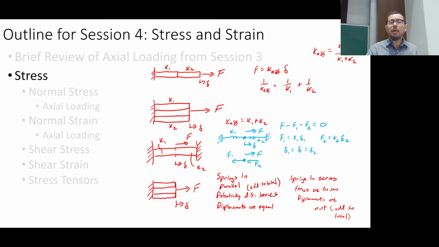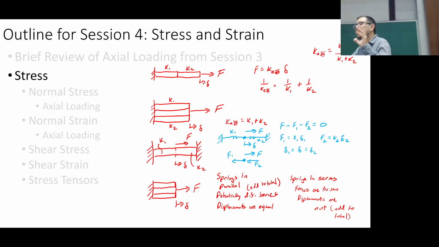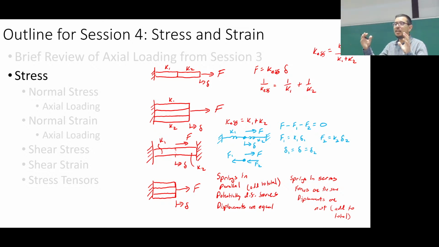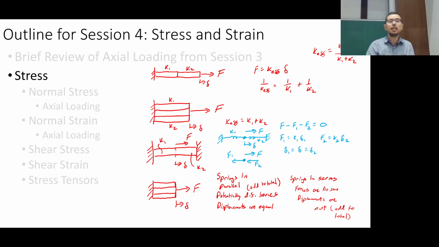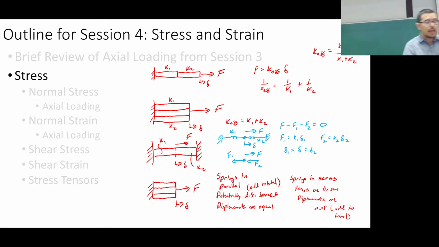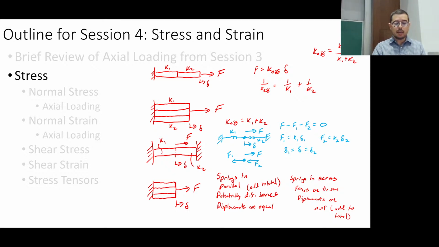You're like, well, one's in compression, one's in tension. Yeah, I got you there. But if I think of what's happening to that reaction force of F2, F2 is going in the same direction as F1, which is opposing the F. I can say, okay, these are all going to be the same.